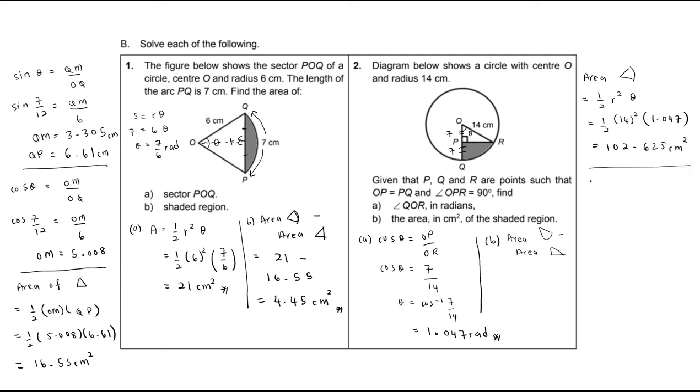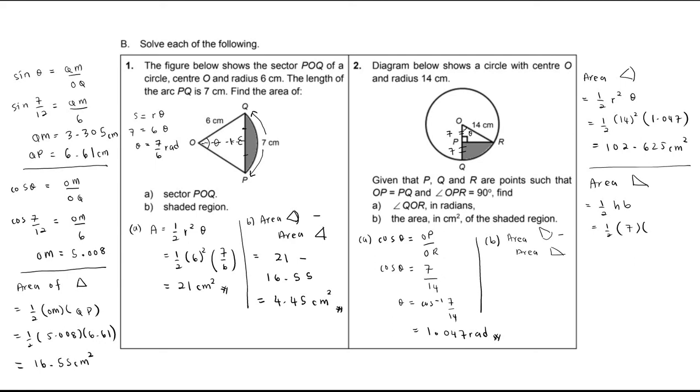And now we want to calculate the area of the triangle. Okay, area of triangle is 1 over 2 multiplied by the height and base. Okay, the height is 7 cm. And then the base. Okay, let's find the base first.